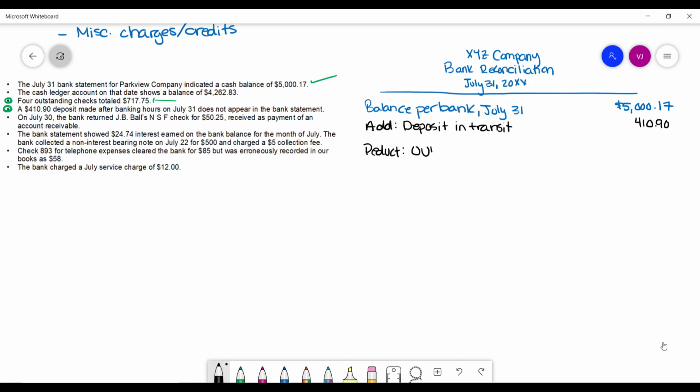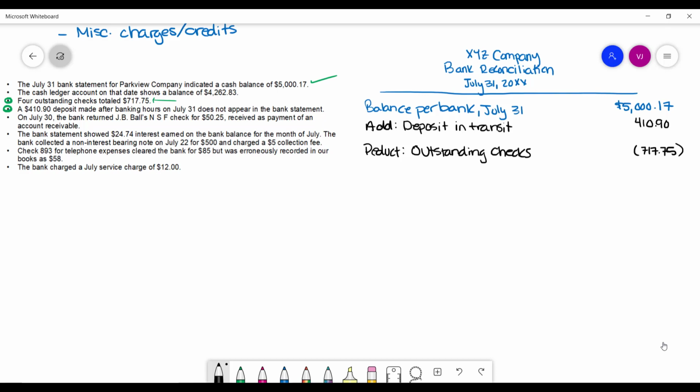So deduct outstanding checks. Like I mentioned, usually you would list each check on its own. So after we write deduct outstanding checks, we write each check number and the amount itself. But here they give us the overall amount, so we're going to subtract the $717.75 as an overall outstanding check amount.